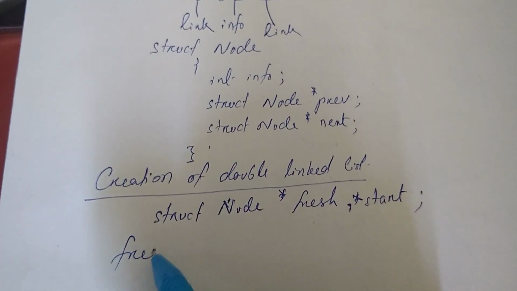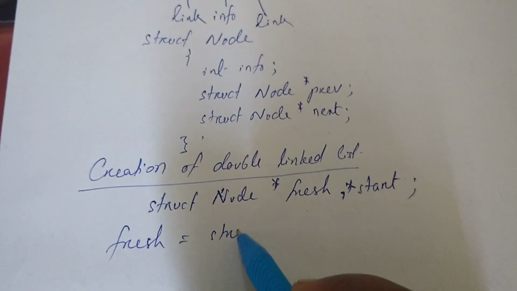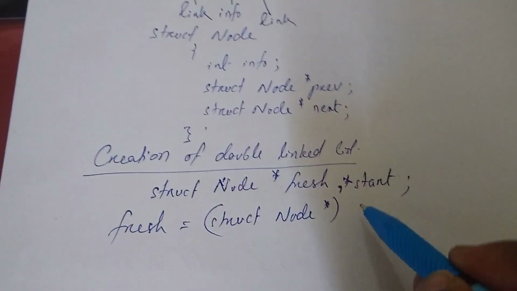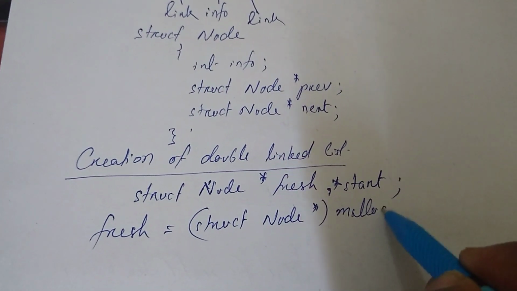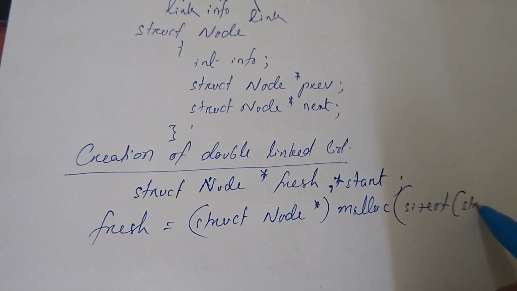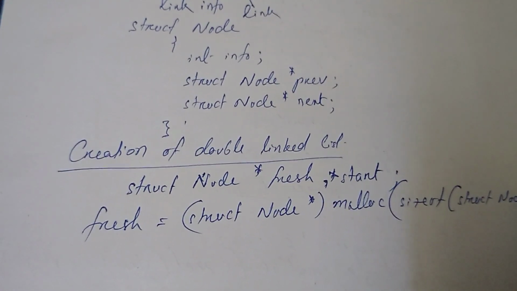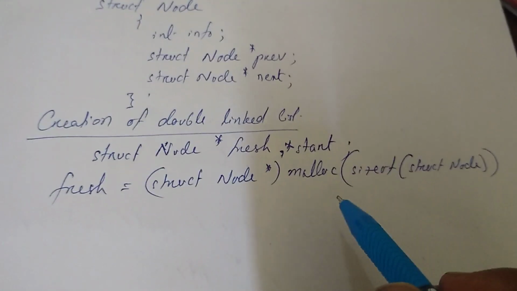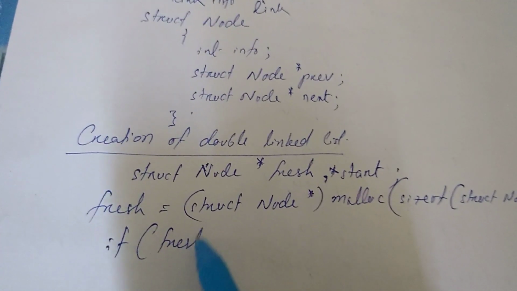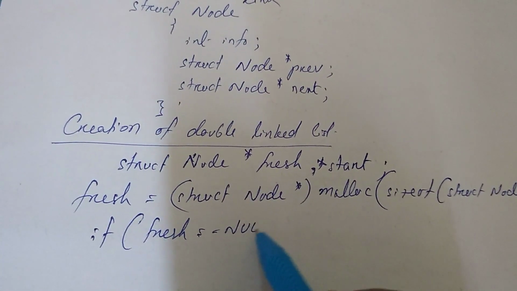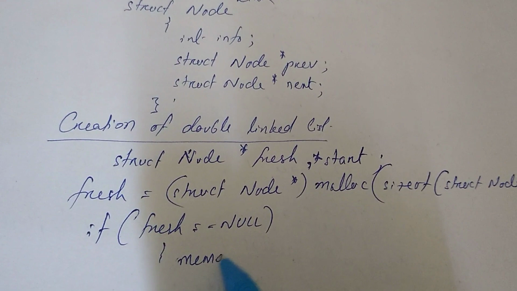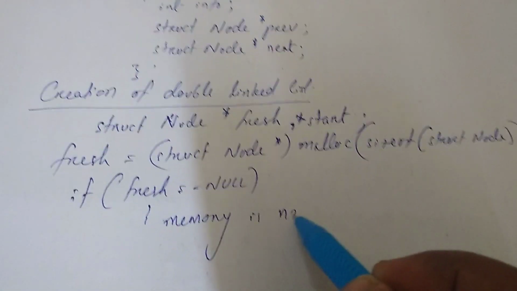So fresh equals struct node asterisk malloc size of struct node. Here memory is dynamically allocated. You can check whether memory is present or not. If fresh equals null, then memory is not allocated.